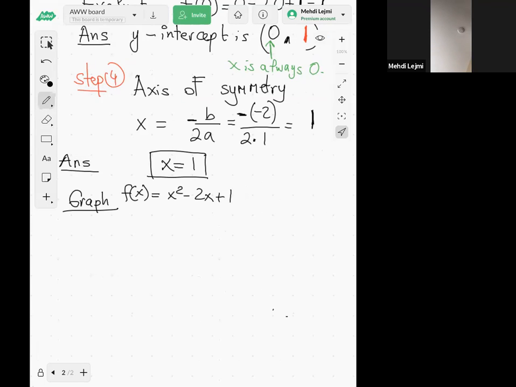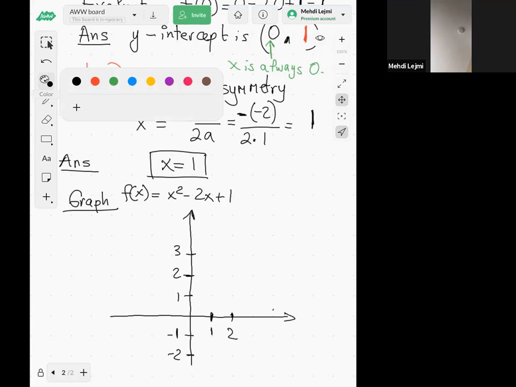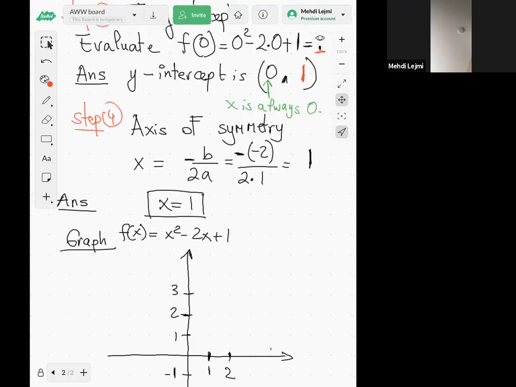All right, so this is 1, 2, etc., and -1, -2, etc. First, I have to plot the vertex.